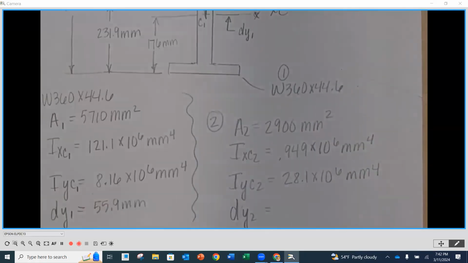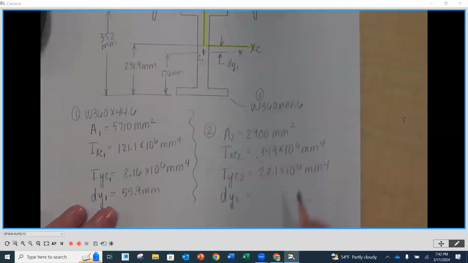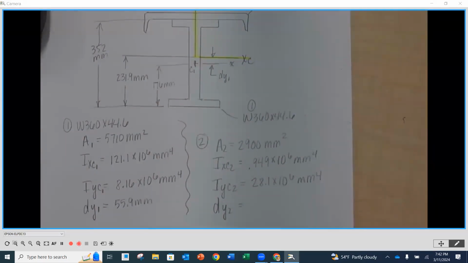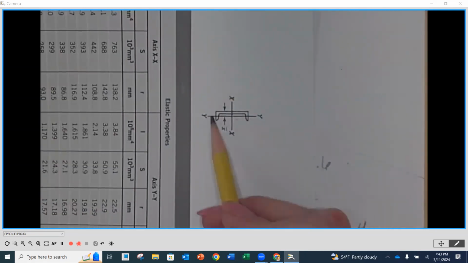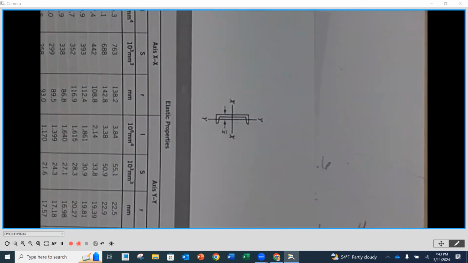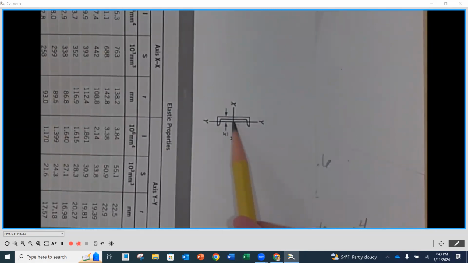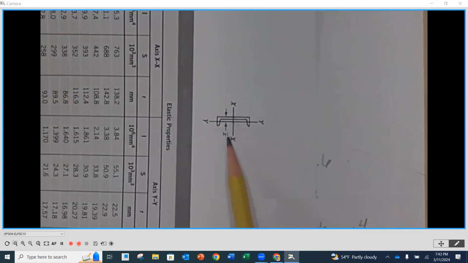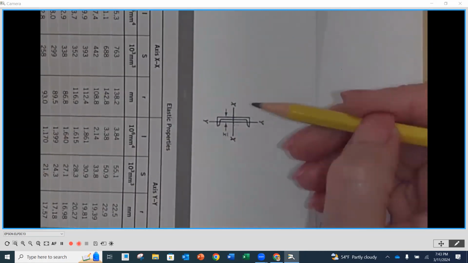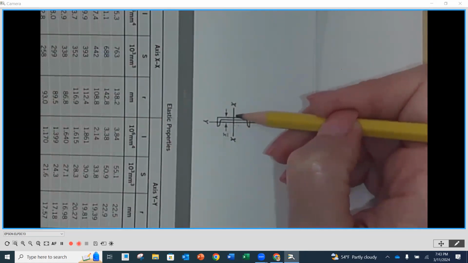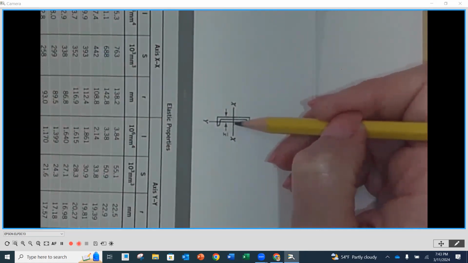All right. So now we need our dy2. So our centroid, if we look here on the shape, where the intersection is for the x and the y axis here, that is going to be where our centroid is. And you'll notice based on how they're calling out that x bar value, that's from what would be the top of that C channel down to the centroid, okay?